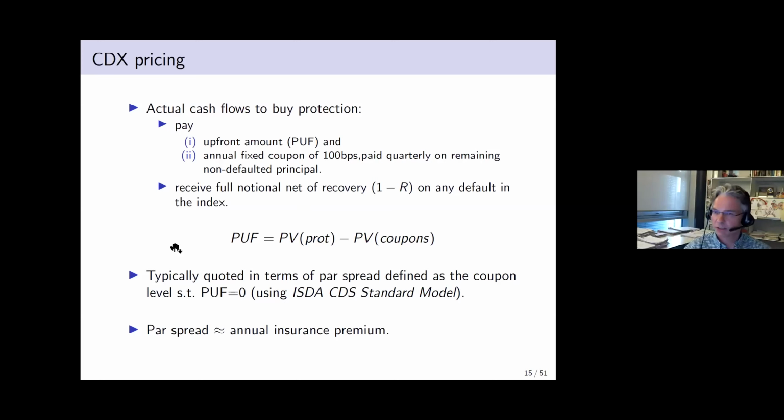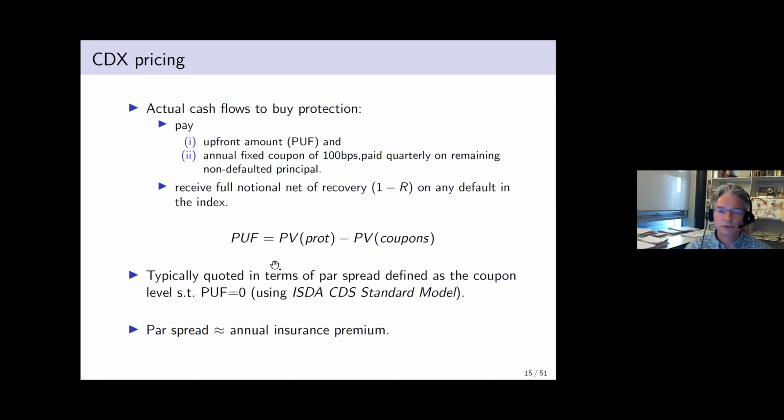And so market participants, rather than looking at the upfronts quoted on a day-to-day basis, prefer to transform the upfront price into what's known as a par spread. And the par spread essentially is the coupon such that the upfront is set to 0.